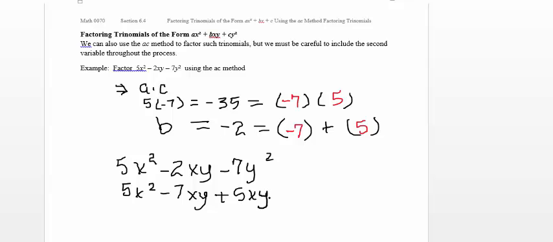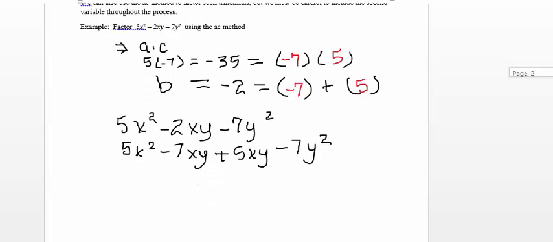So notice now my middle terms are xy terms. And I factor out an x from both of these, and I get x from the first two terms, x times 5x minus 7y.